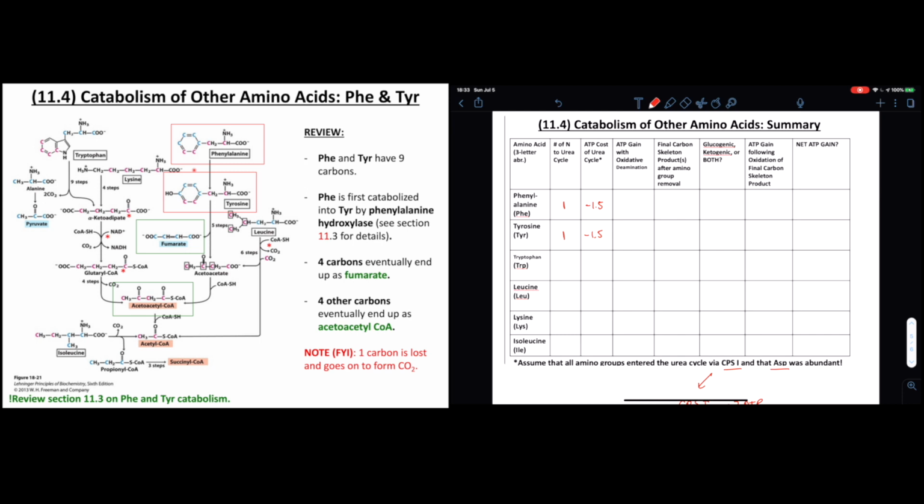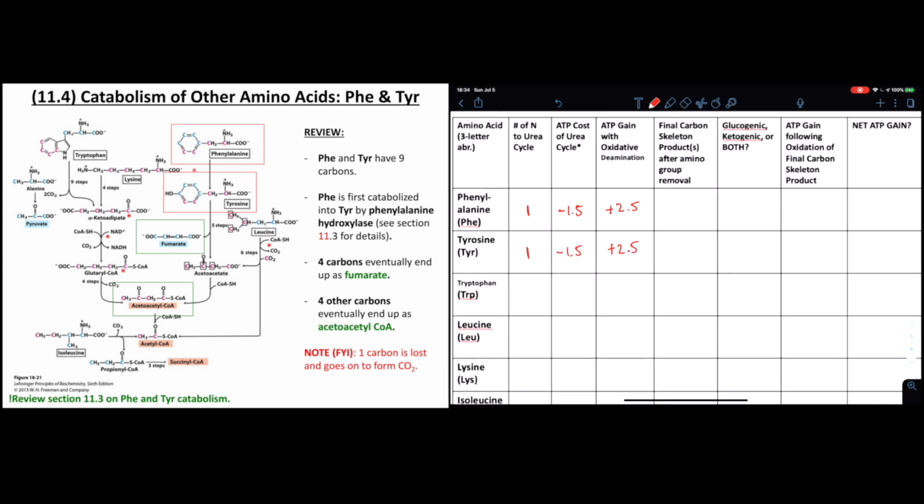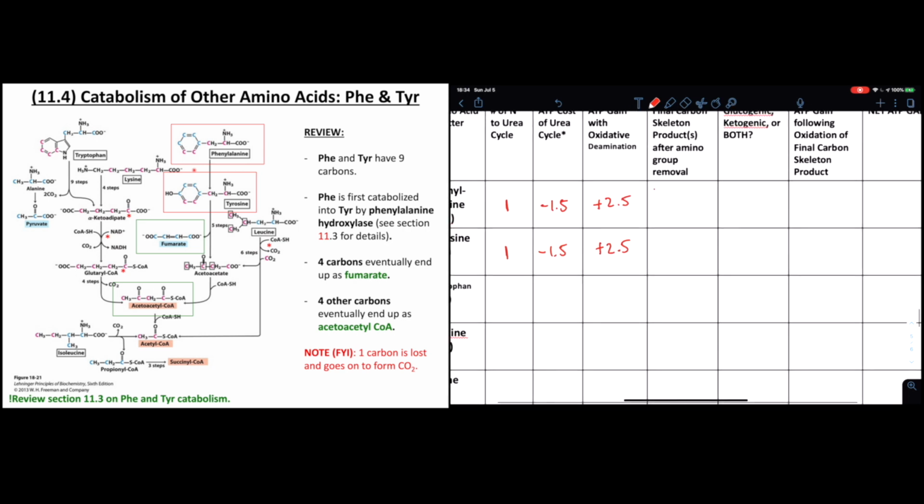So this is going to be the same as we saw before. And we know that the final carbon skeleton is going to be two different ones. So in phenylalanine, we get the production of fumarate as well as acetoacetyl-CoA.